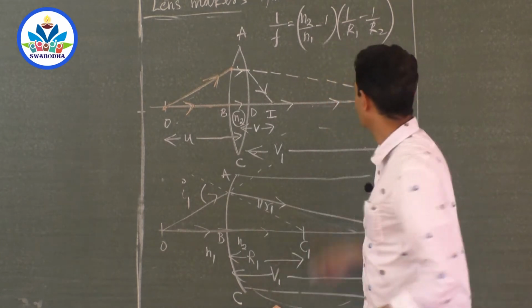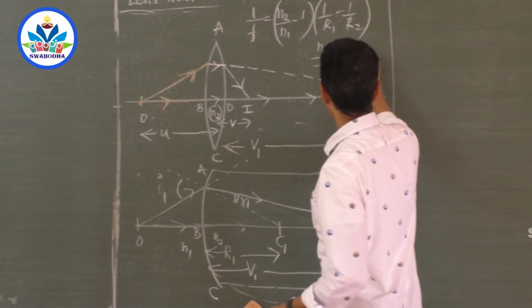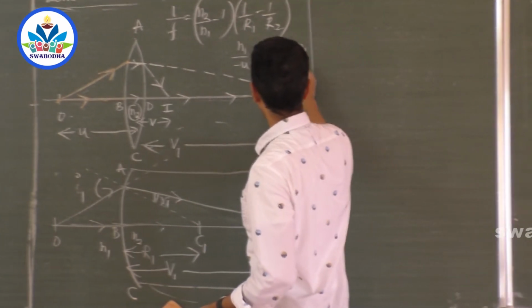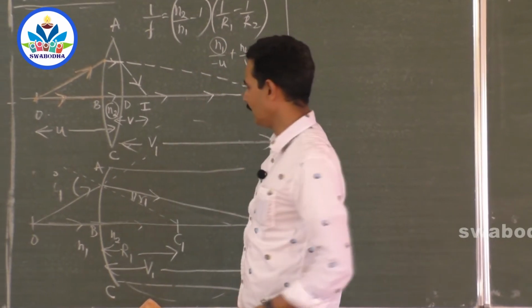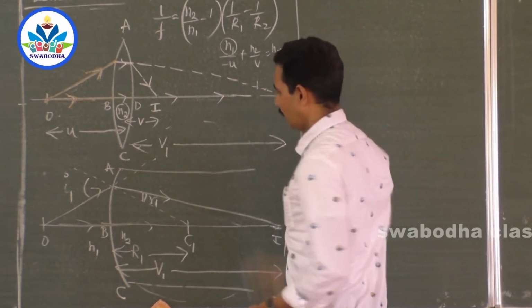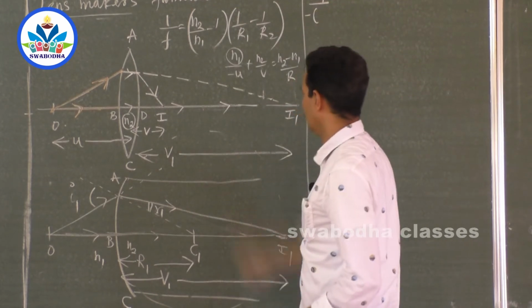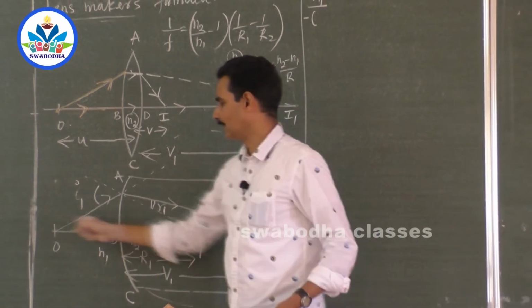n1/(-u) + n2/v = (n2 - n1)/R. Refractive index of the medium where incident rays are present, n1, no problem. By object distance, OB, of course, minus object distance, it is in the left hand side.